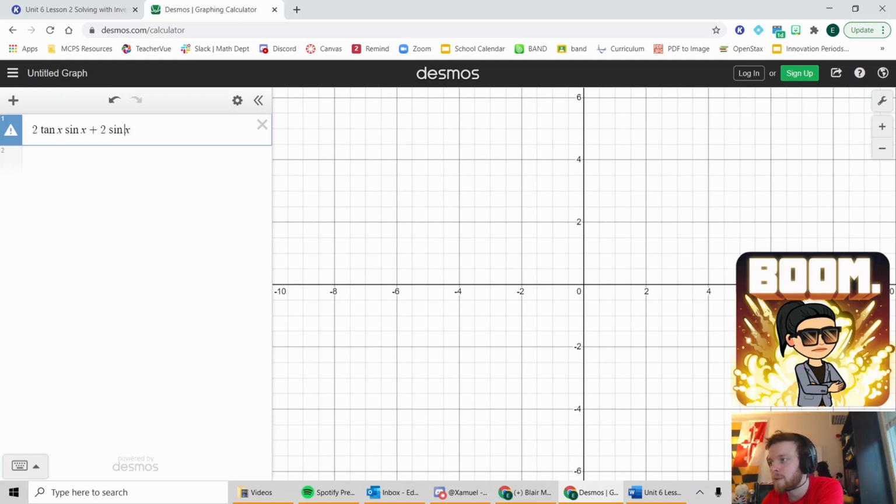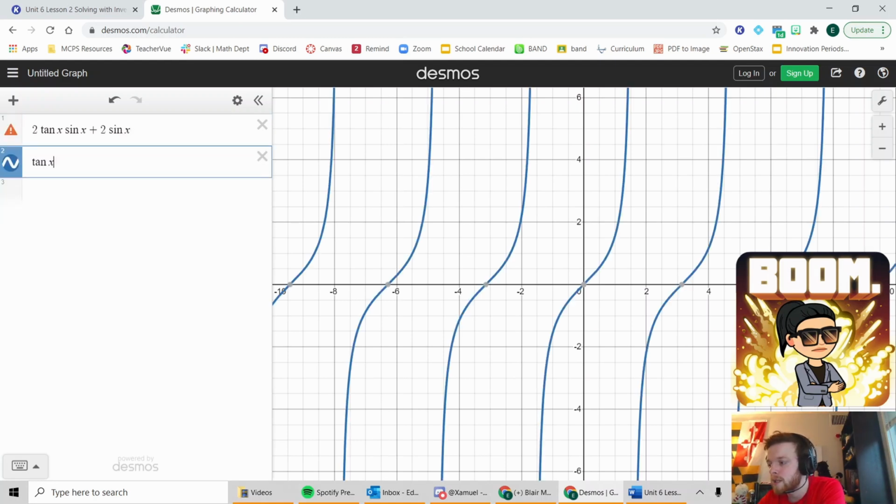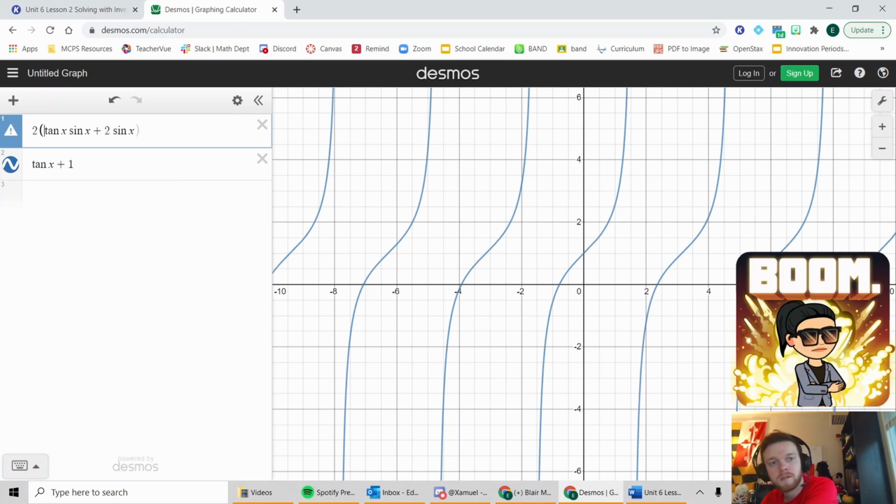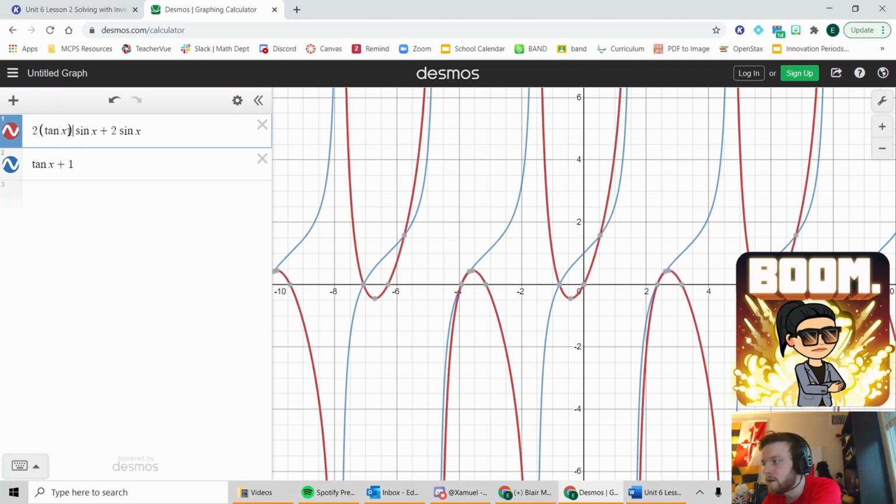Well, actually, no, what I want to do is tan x plus 1. And what's it not happy about? Use parentheses around the argument tan x. I'm cool with that. I got you. I'm cool with that, Desmos. Oh, I think it just did it. No, it's still freaking out. Wants it there as well.